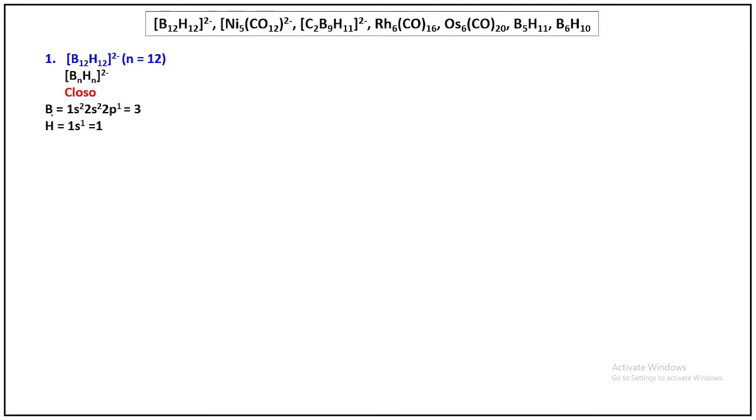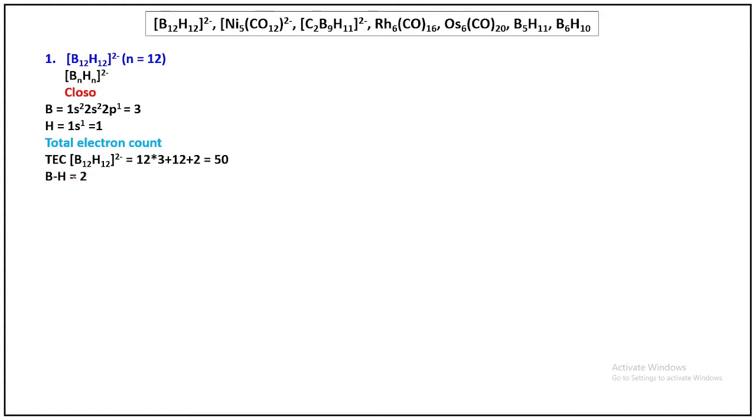Boron, as we know, has the electronic configuration 1s2, 2s2, 2p1 and a total of 3 valence electrons. Similarly, hydrogen has 1 valence electron. Thus, the total electron count on this cluster B12H12 2 minus will be 12 into 3 plus 12 plus 2 from the 2 negative charge, giving a total of 50.